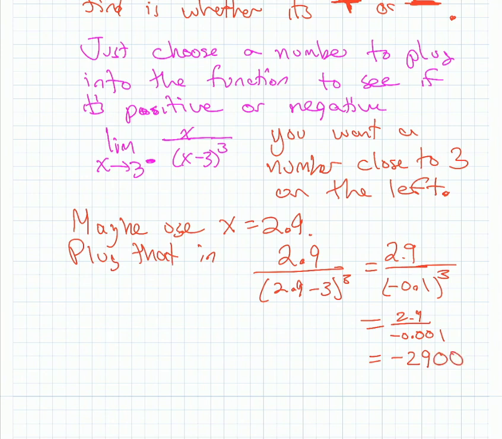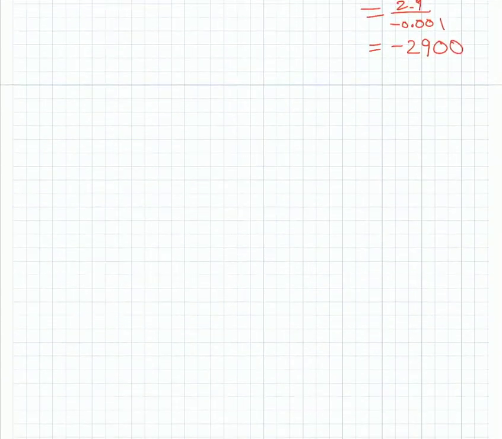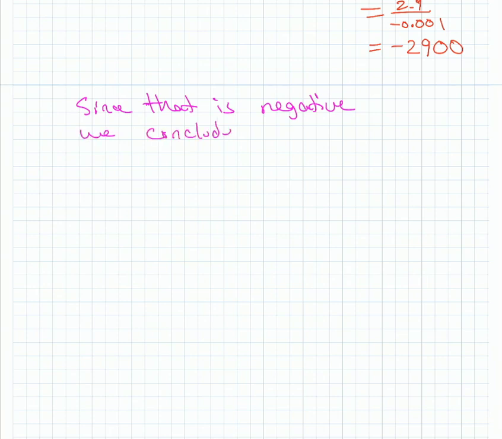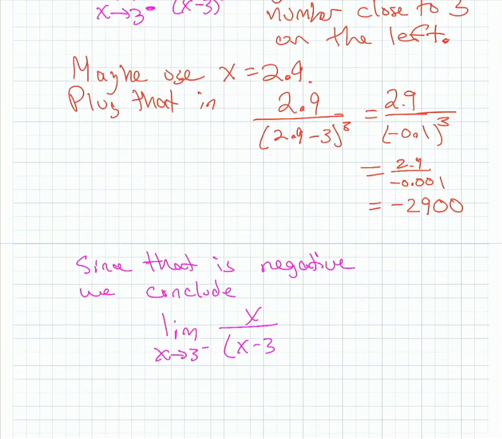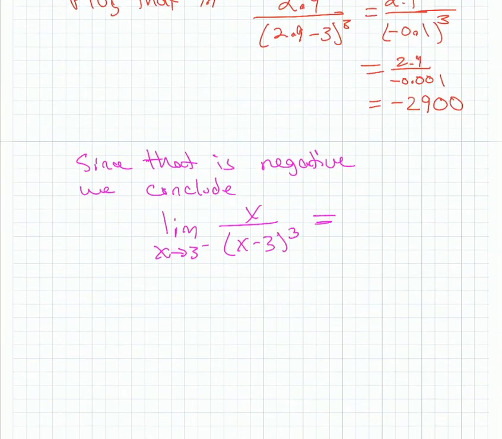Okay? So with that in mind, you see that it's negative. So since that's negative, we conclude that the limit as x goes to 3 from the left-hand side of x over x minus 3 to the 3 is minus infinity.